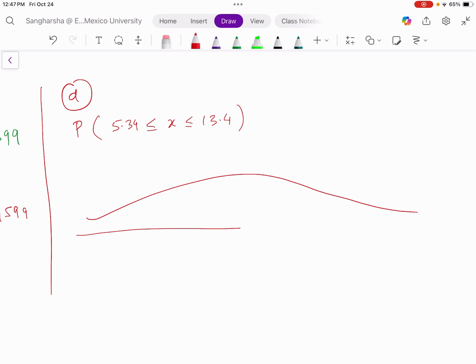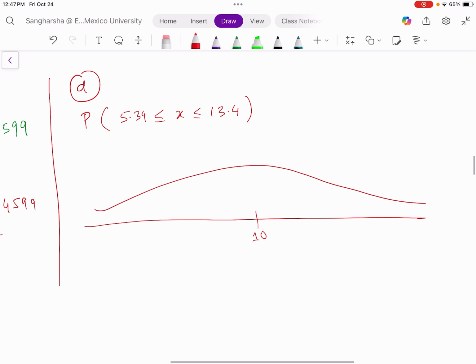You locate the mean. Our mean is 10 here. Let me double check. Yes, mean is 10. Now we locate these two numbers. So 5.34 is somewhere here, 13.4 is somewhere here.